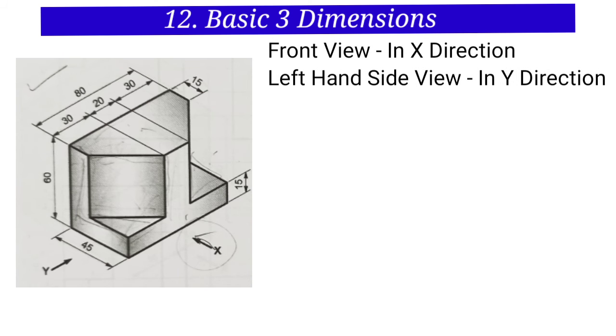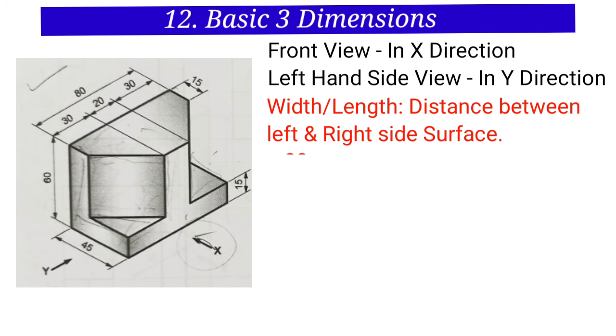The first step in orthographic projections is to trace out the overall dimensions, that is width, depth and height. To trace out the first dimension, that is width, consider the direction of observation for the front view.